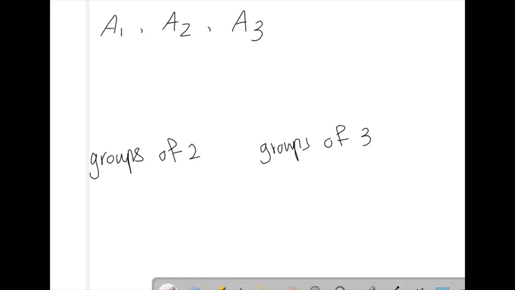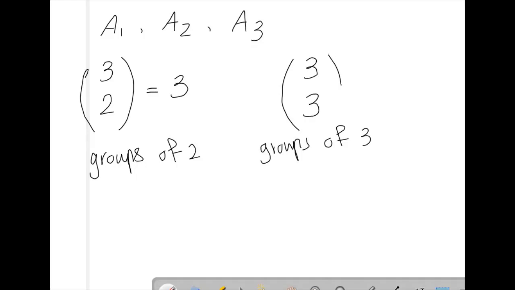With combinations we can obtain that the number of groups with 2 elements from 3 events is 3, and groups of 3, choosing 3 from 3, is 1. So we need to prove 4 equations.